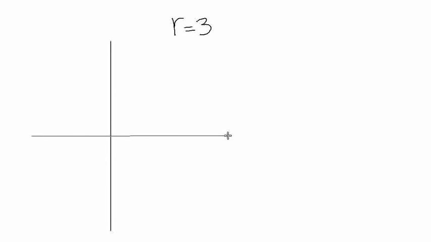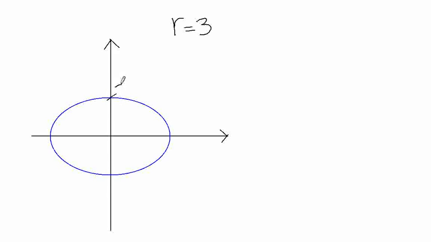Clearly that would be a circle of radius 3 centered at the origin, right? So let me draw what that looks like. All right, so there is the polar plot of that polar equation, r equal to 3.